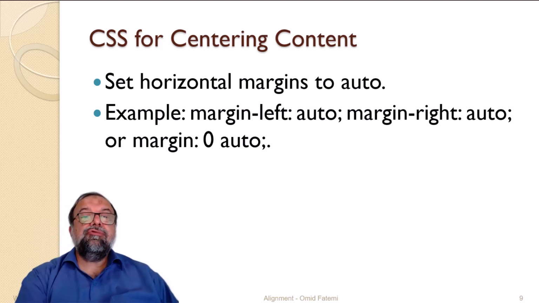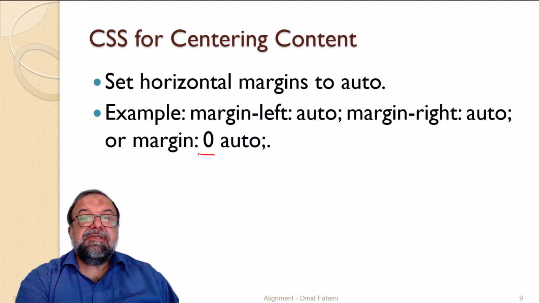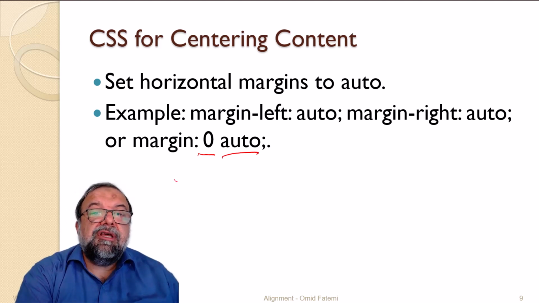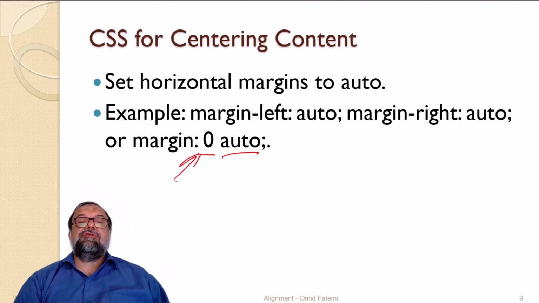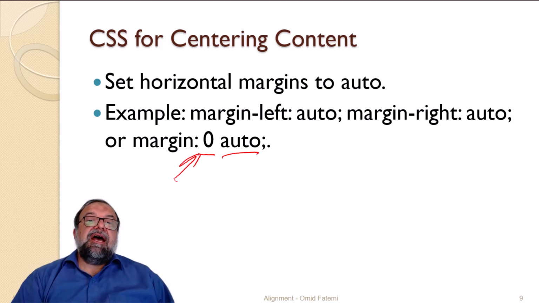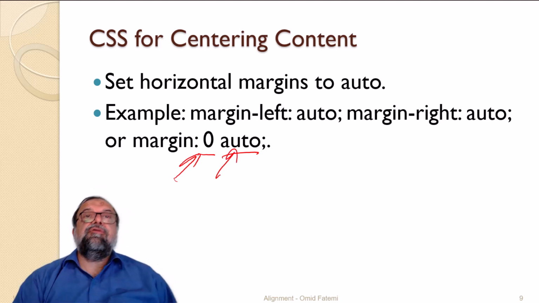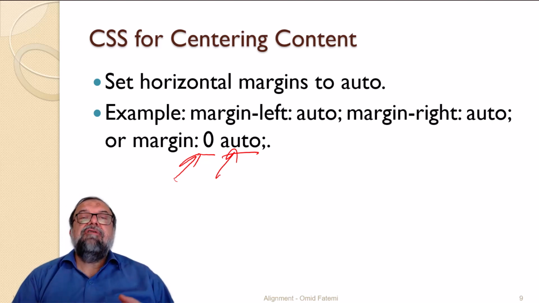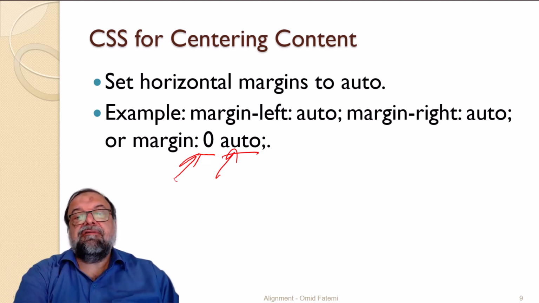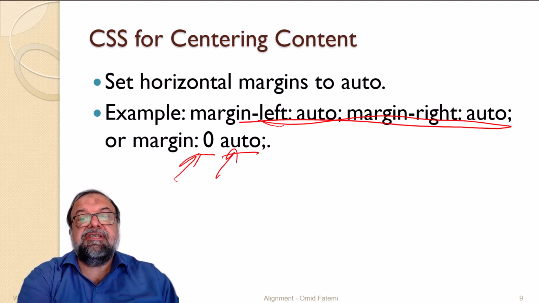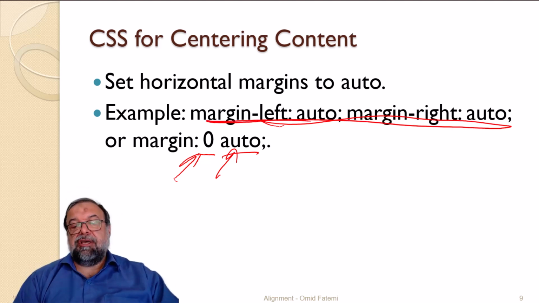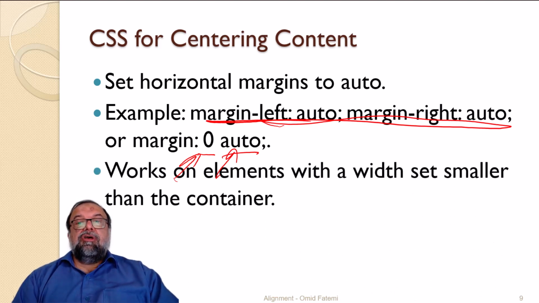Or you could use margin: 0 auto. It is a shorthand description, and again you have two values. The first value is for top and bottom, and the second value is for left and right. So we are putting auto for left and right, the way that we have written explicitly for margin-left and margin-right.